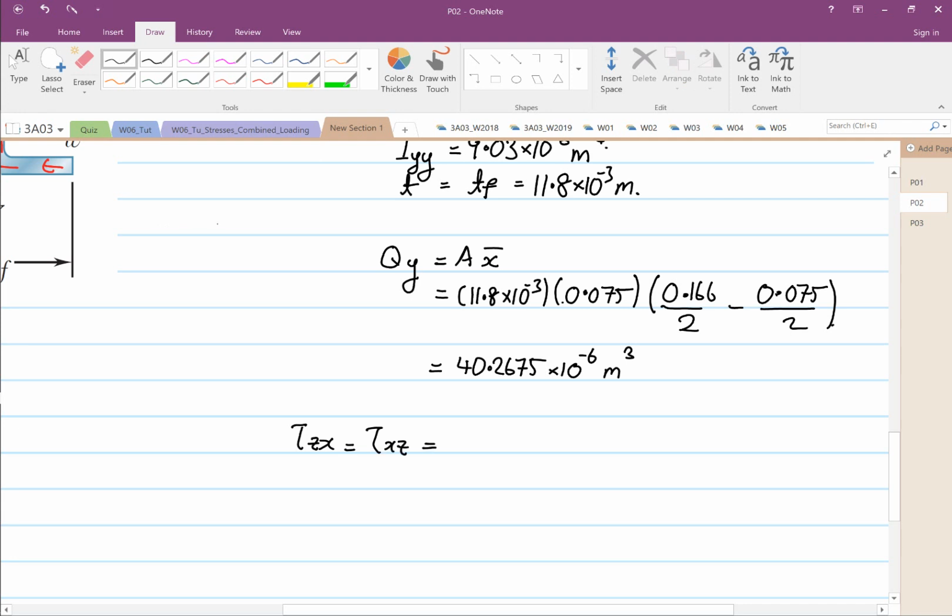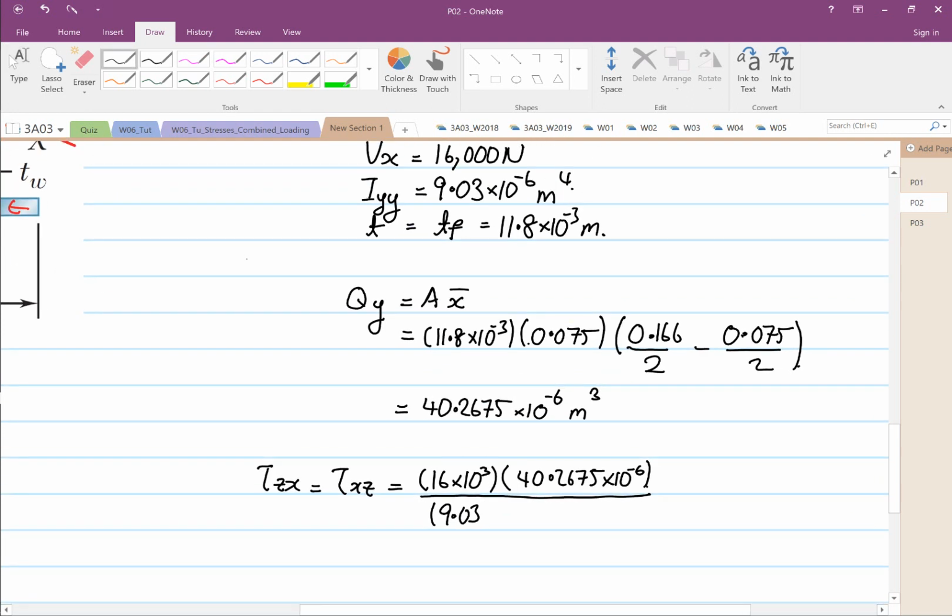So this will be equal to 16 times 10 to the power 3, times Q bar, 40.2675 times 10 to the power minus 6, divided by Iyy, 9.03 times 10 to the power minus 6, and the thickness over here is 11.8 times 10 to the power minus 3.